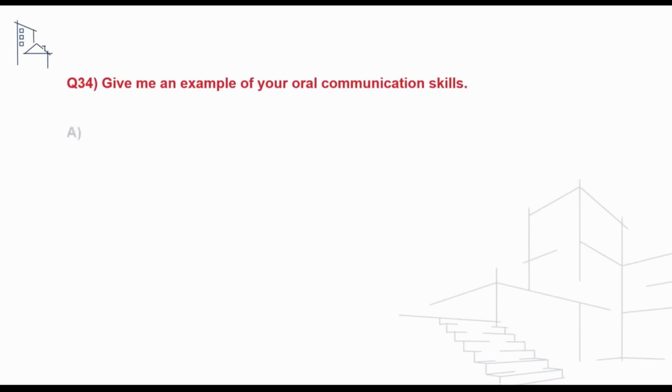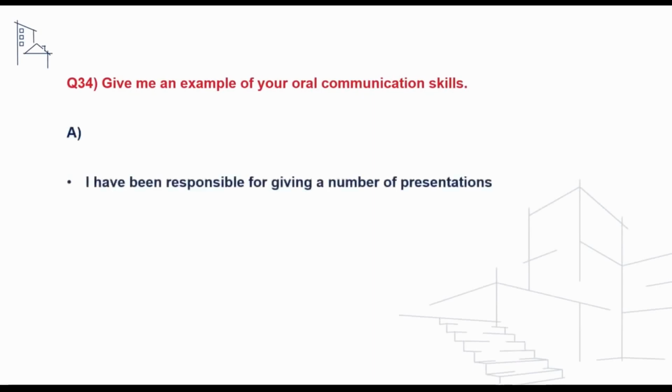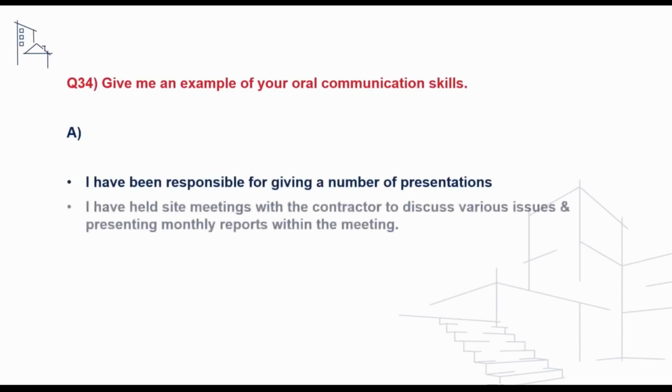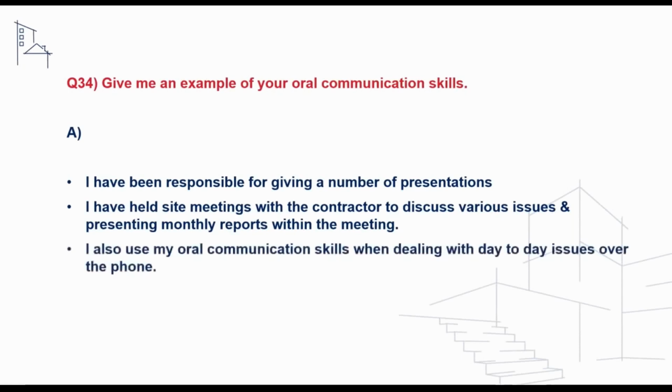We could include examples such as where we've been responsible for providing any presentations to clients or project team members. We could also talk about any site meetings that have been held with the contractor to discuss various issues or presenting monthly reports within meetings.